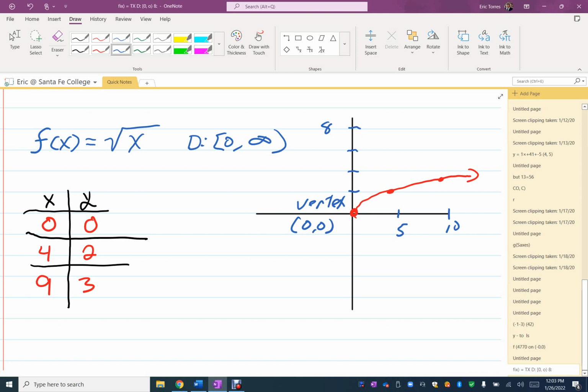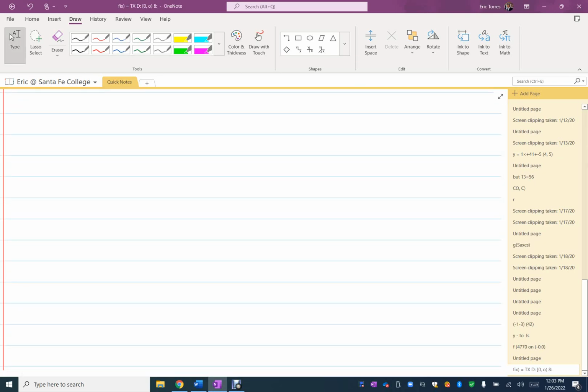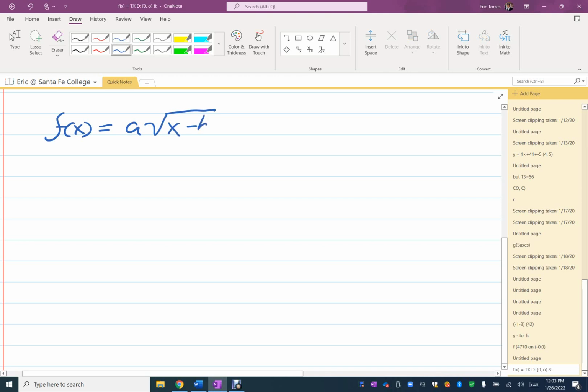Now, since it is basically a half parabola on its side, this still has a vertex form. So let's talk about the vertex form of this object. A times the square root of x minus h, plus k.